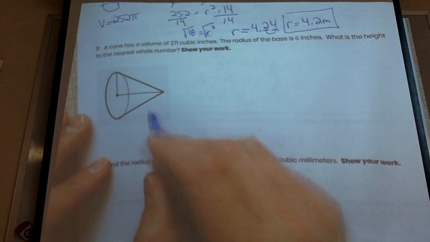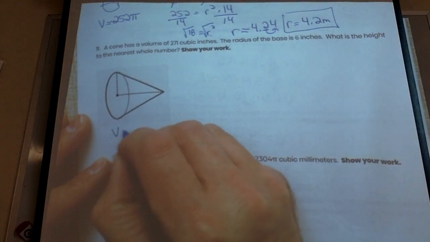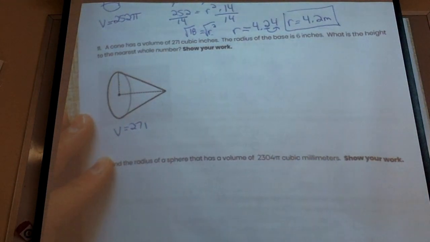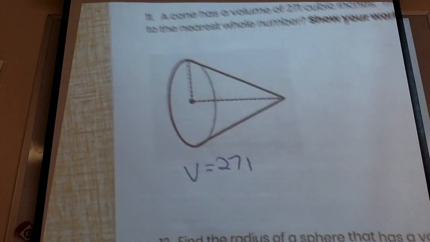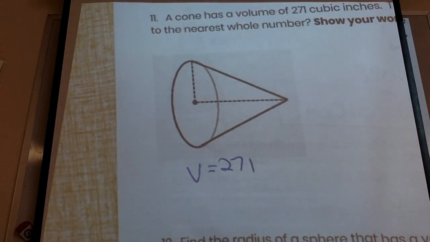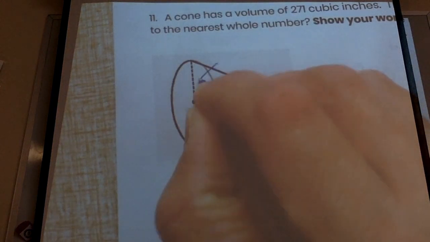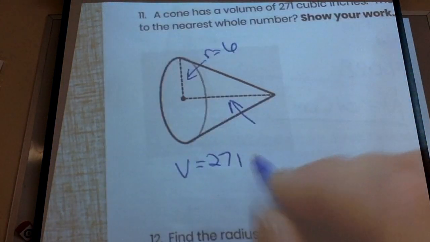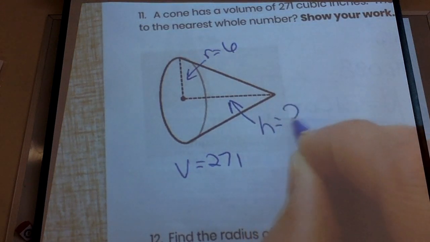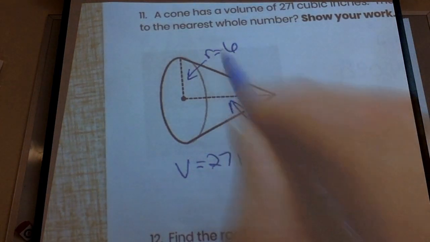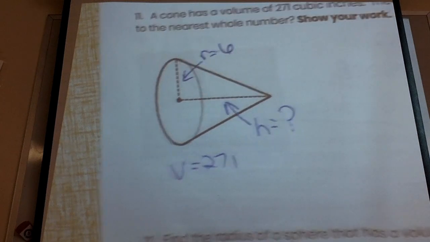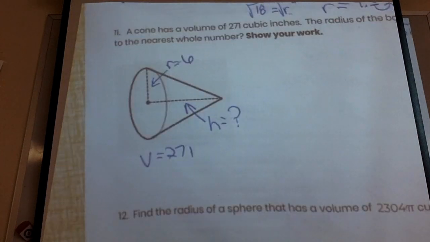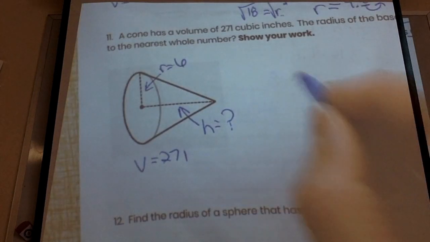So we know our volume is 271. And we know the radius is 6, because that's what it tells us. We don't know our height. I'm going to put a question mark there. So once again, we know 2 of the 3 things. So we're going to use our formula to find out what our value of the height is.